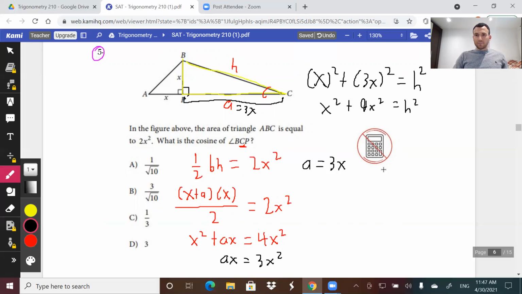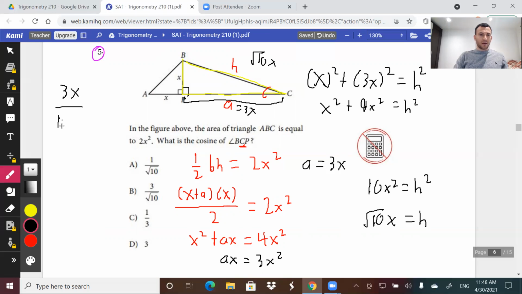So essentially, I'll move down here, we have 10x squared equals h squared. So root 10 x equals h. So this side is root 10 x. And it wants to know the proportion of cosine BCP, so it's 3x over root 10 x. The x's cancel out, so it's 3 over root 10. So in this case, we're looking at B.